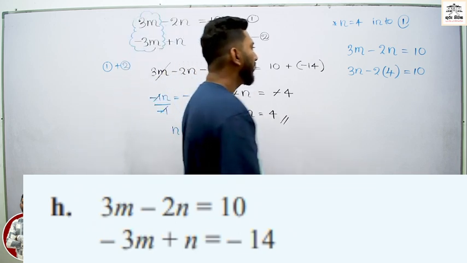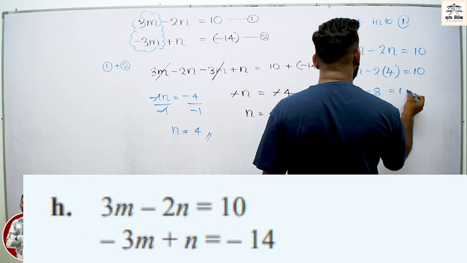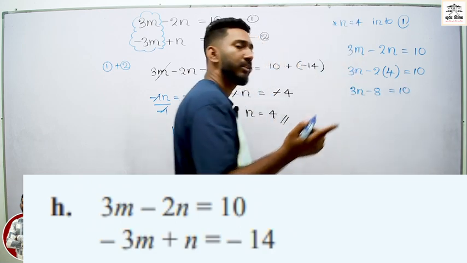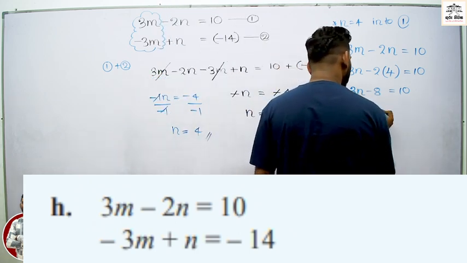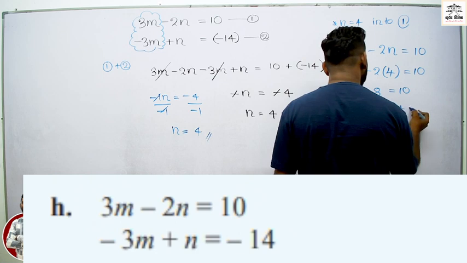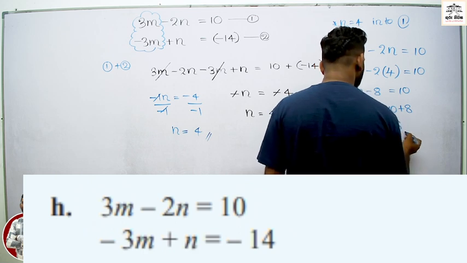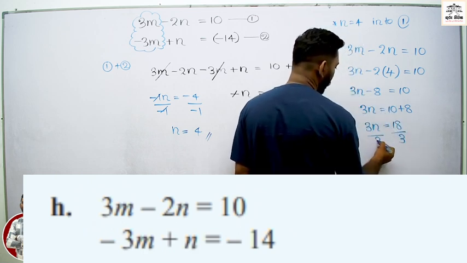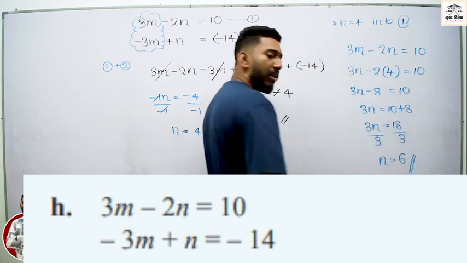Now 3m minus 8 equals 10, and minus 8 goes to the other side as plus 8. 3m equals 10 plus 8, 3m equals 18. Divide by 3, and m is 6.